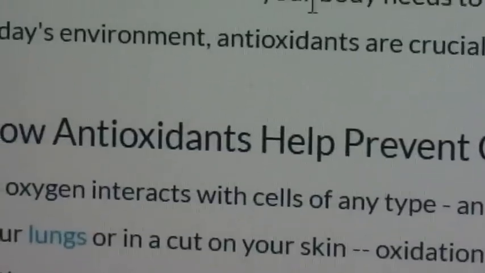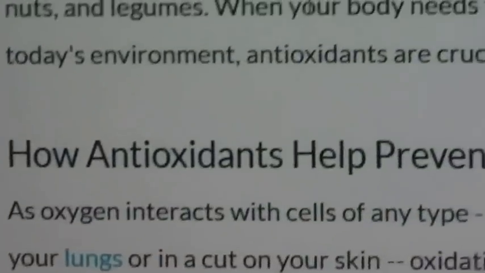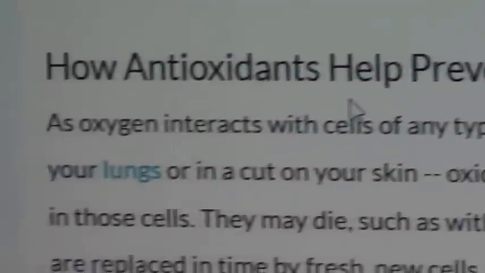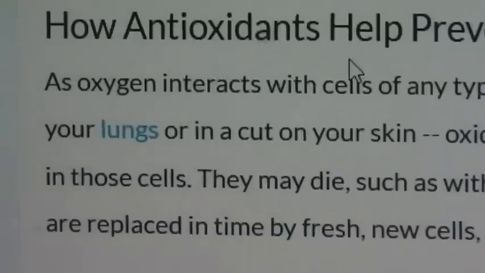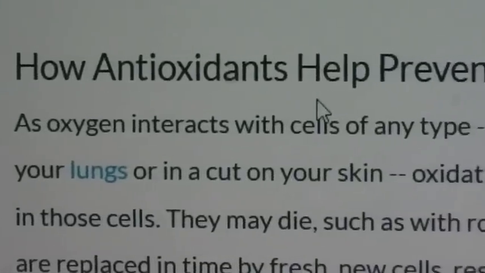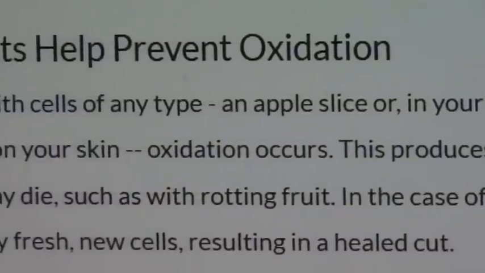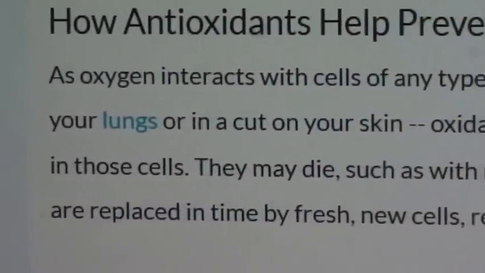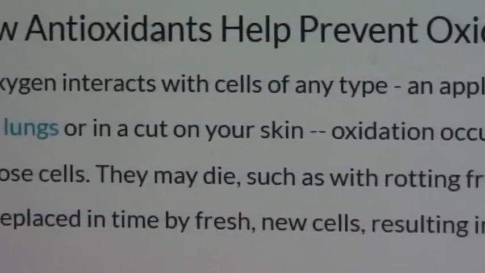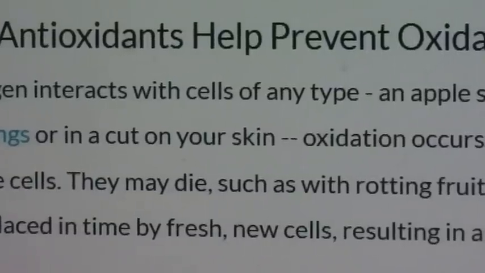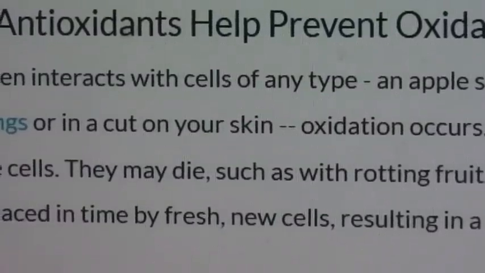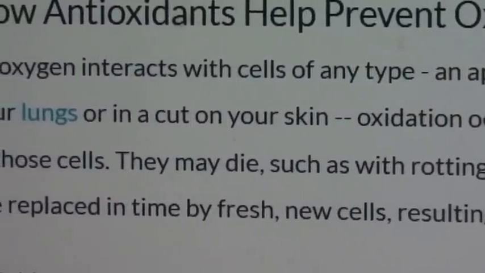Let's look at a little more information on how antioxidants prevent oxidation. You don't want oxidation. That's the bad part. As oxygen interacts with cells of any type, think of the apple slice, the cells lining your lungs, or a cut on your skin, oxidation will occur. This produces some type of challenge in those cells.